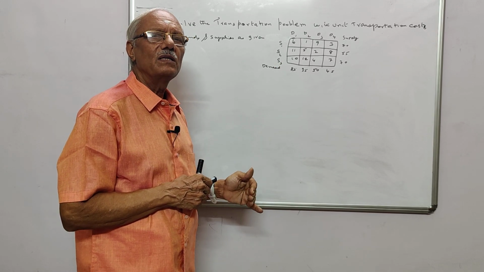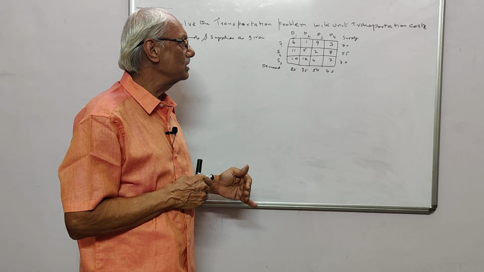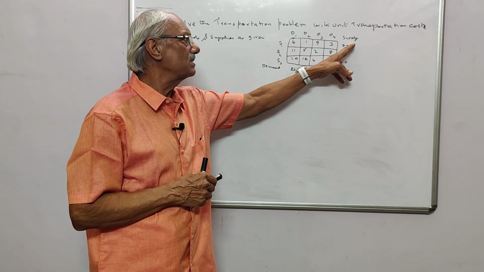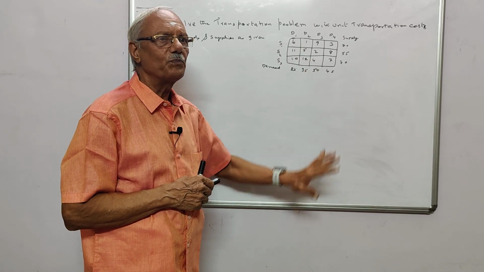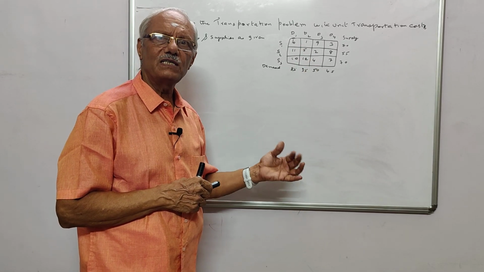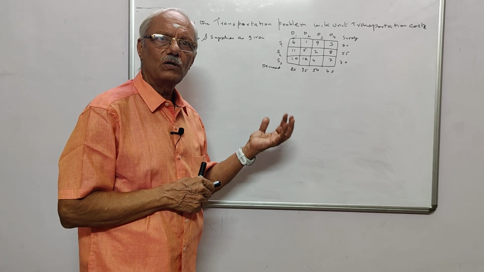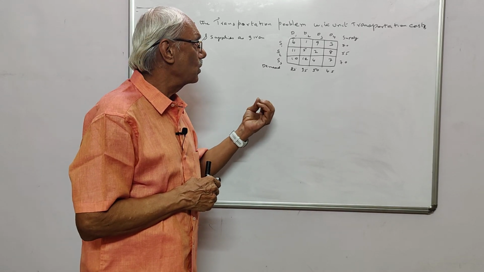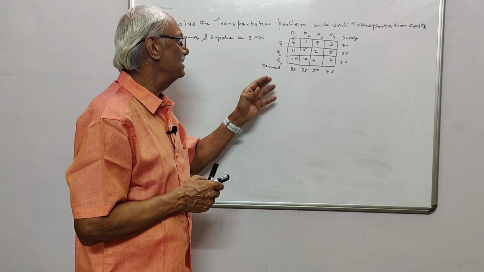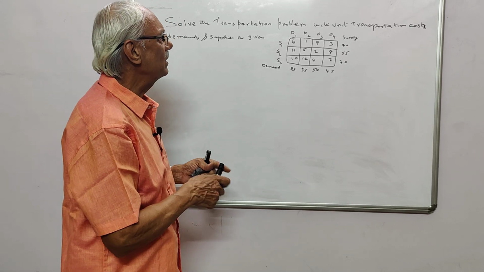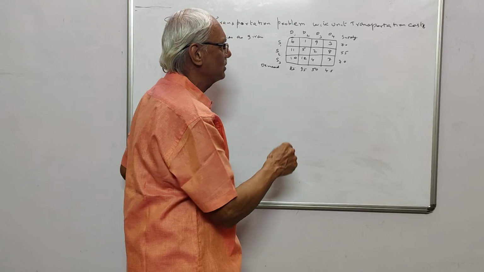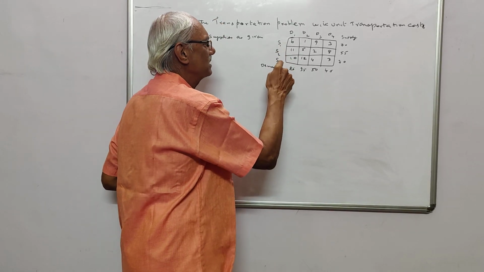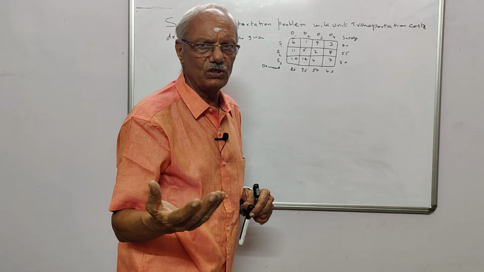They are otherwise called origins. And D1, D2, D3, D4 are called the sink, or you can call them destinations. S1, S2, S3 may be called origins.